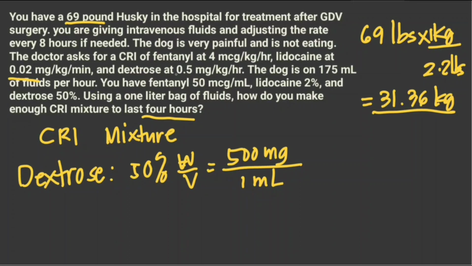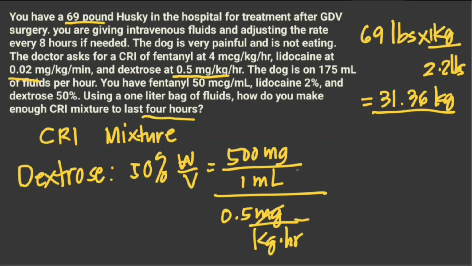We are required to add 0.5 milligram per kilogram per hour of dextrose to our CRI mixture, so we divide by 0.5 milligram per kilogram per hour. The milligram cancels out, so 500 divided by 0.5 is 1000 kilogram hour per ml.